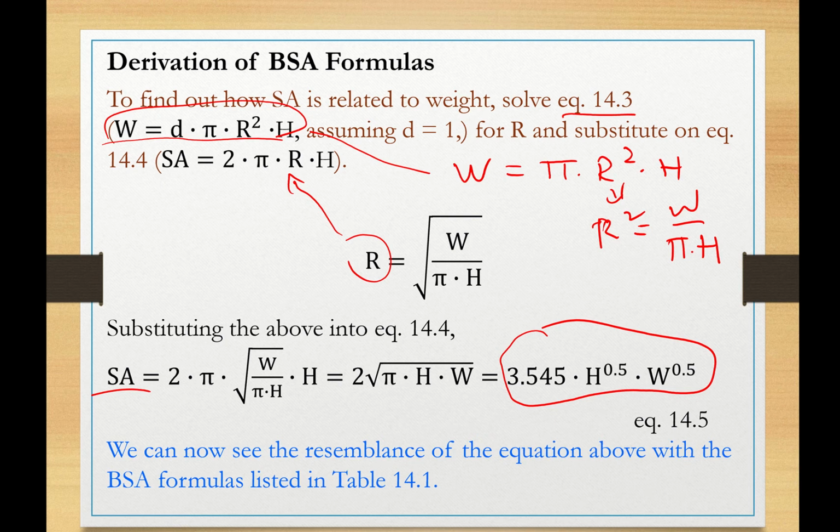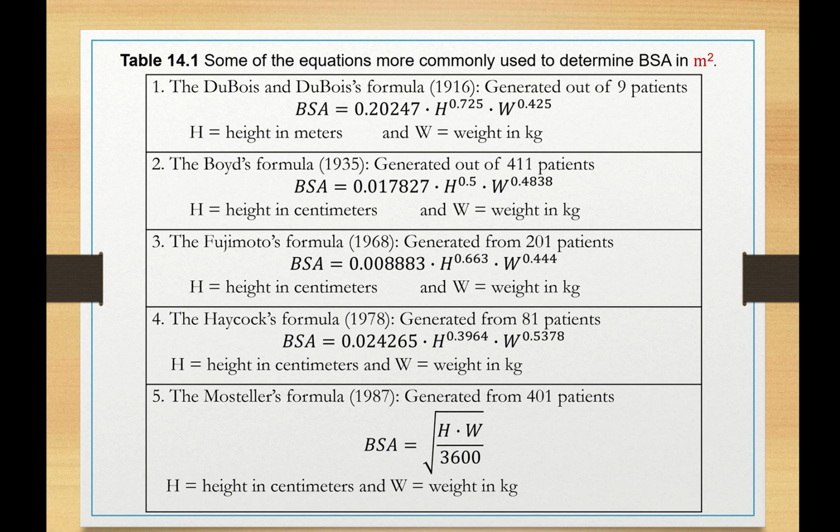So now, this is amazing, right? We have derived a surface area that is expressed in terms of the height and the weight. And that's equation 14.5. Let us compare the equation that we have derived, obviously from a cylindrical object, with the published equations.